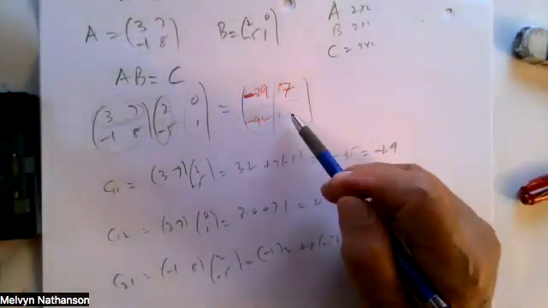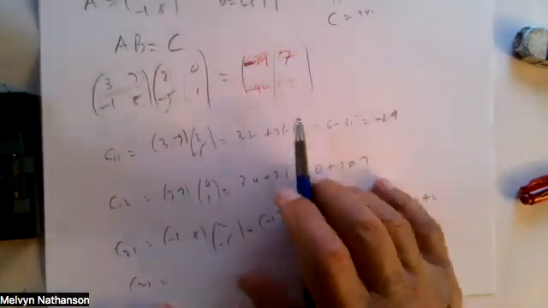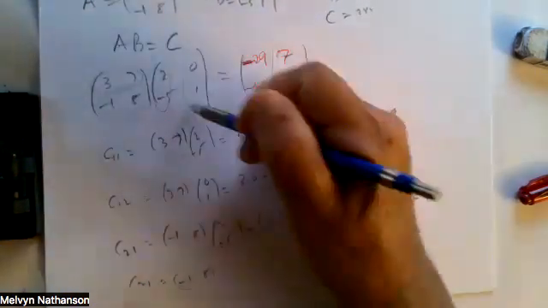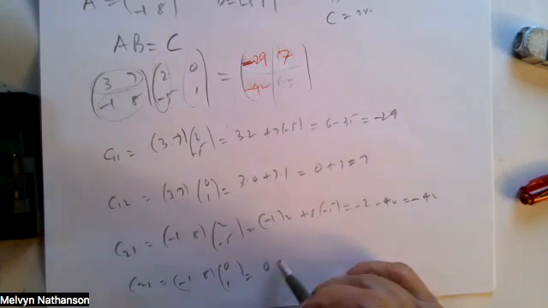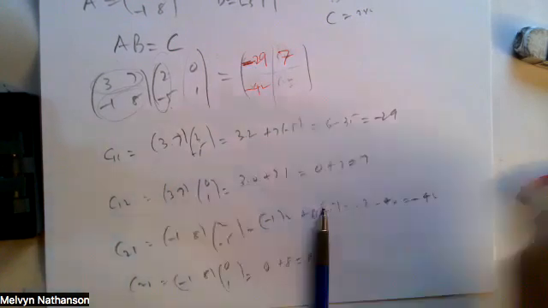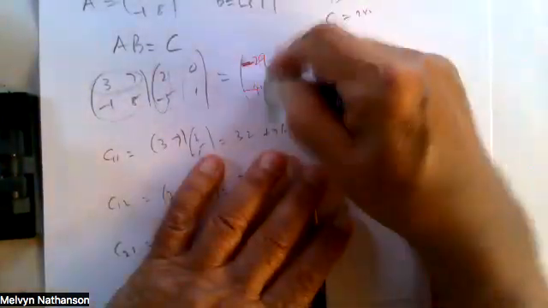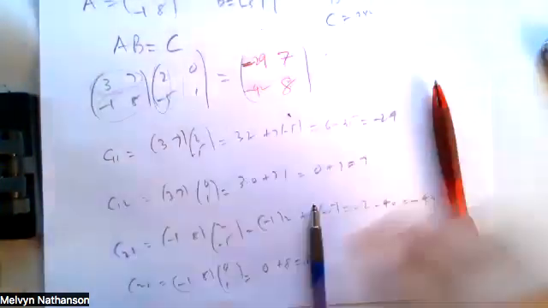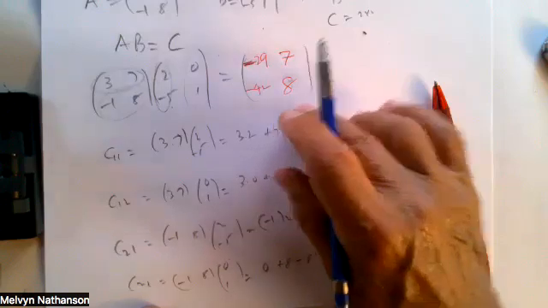This is the coordinate in the second row, second column, C22. I take the second row of A and the second column of B. That's 0 plus 8, which is 8. So when I multiply these two matrices, this is what I get.